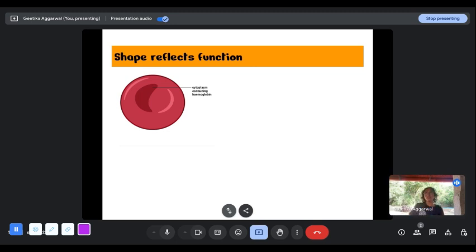Since the nucleus takes up a big part of the cell, it does not have one, and it also does not have mitochondria, so it has no way of processing the oxygen that it carries throughout the body. Its cytoplasm is mostly composed of hemoglobin, and because it is flat, it can squeeze through very tiny capillaries, so it can easily perform its function of transporting oxygen throughout the body.